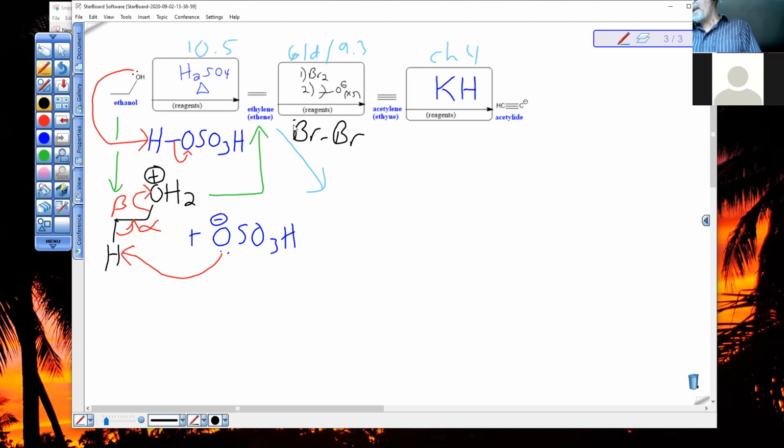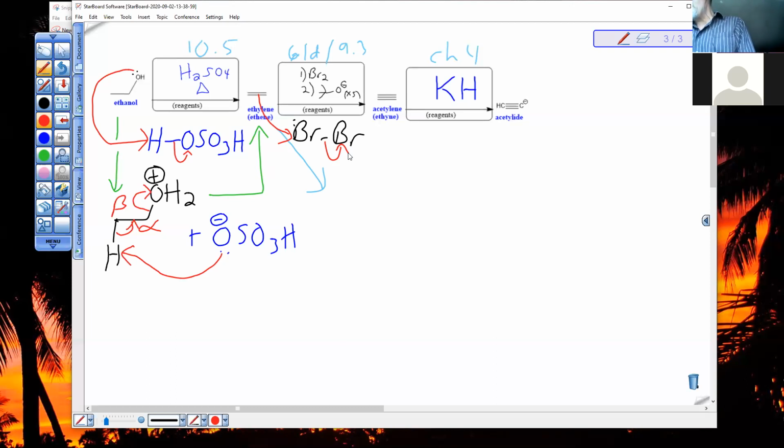There's a lone pair. There's 3 lone pairs on each bromine, but only 1 necessary for the mechanism. Alkene attacks the bromine, and bromide leaves. If I had only those 2 arrows, I would make what I told you I don't want to see, which is a primary carbocation. Don't do that.